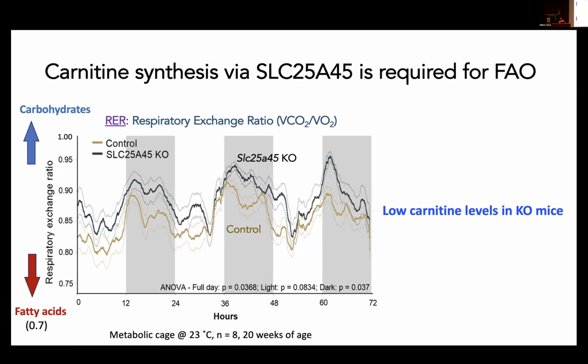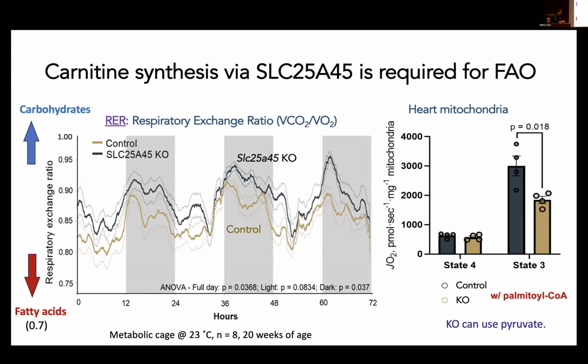We noticed that the knockout mouse, the carnitine-deficient mouse, tends to show higher RER, suggesting that they prefer to use carbohydrate over fatty acid compared to control mice. When you purify mitochondria from, let's say, heart or liver, give palmitate as a substrate and measure oxygen consumption rate, the knockout mouse can't use it as a substrate. Oxygen consumption is lower. If you give pyruvate as an alternative substrate, they're perfectly fine. So somehow the knockout mouse can't use fatty acid well.